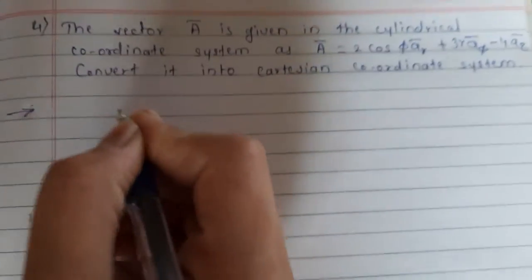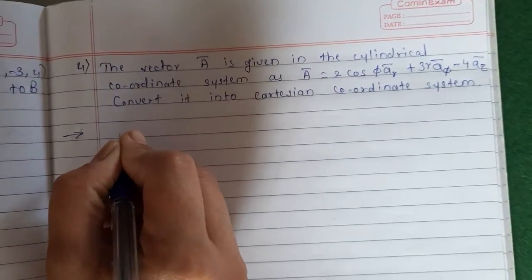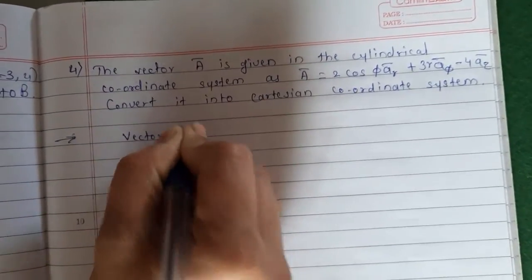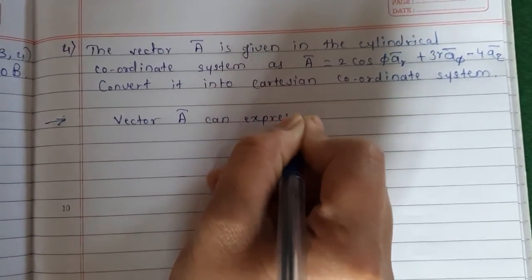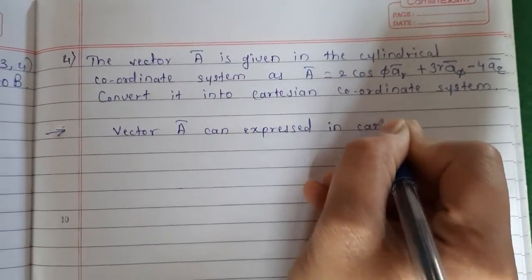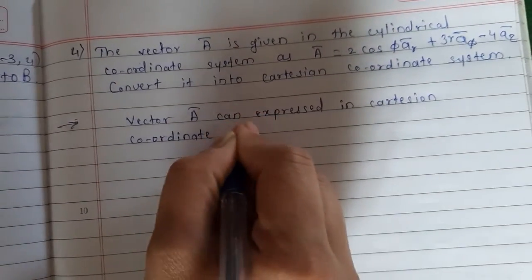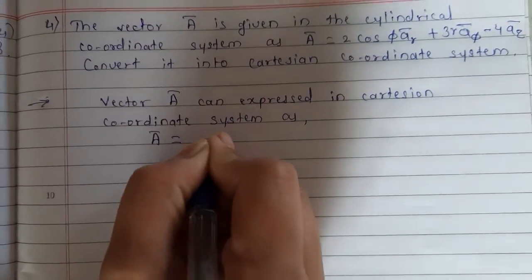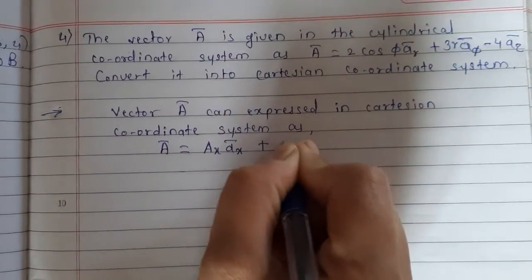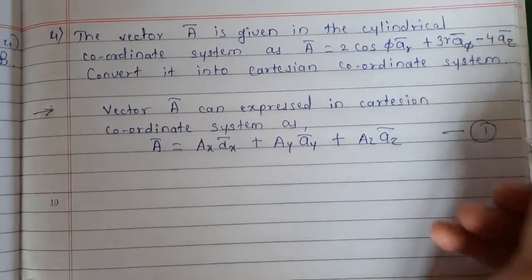The general expression for the Cartesian coordinate is a bar is equal to ax bar plus ay bar plus az bar. This is equation number 1.